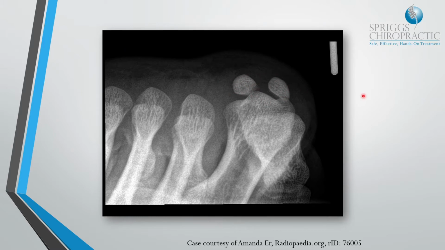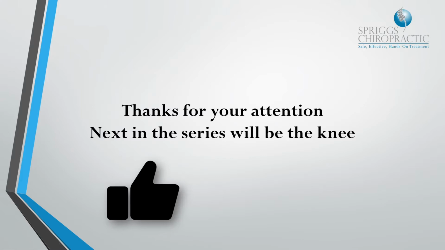For evaluation of fractures, it can be very helpful for patients that have had trauma and have residual pain that may have been missed on the standard projections from your standard trauma series.